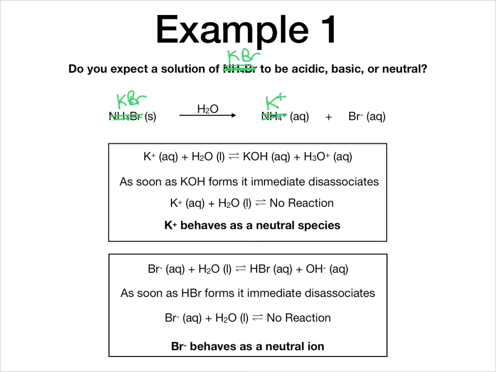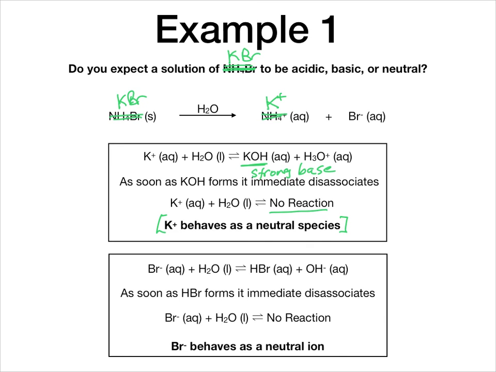You're just getting a little preview for the next video. So K plus mixed in with water creates KOH, which is a strong base. As soon as the KOH forms, it immediately dissociates, and so K plus H2O gives me no reaction, and my potassium ion behaves as a neutral species.